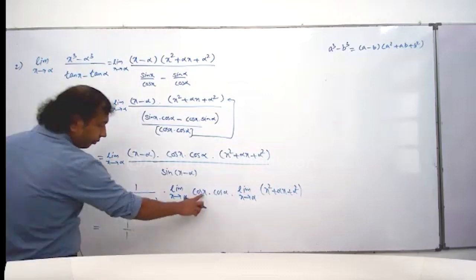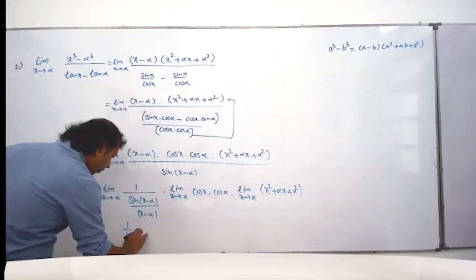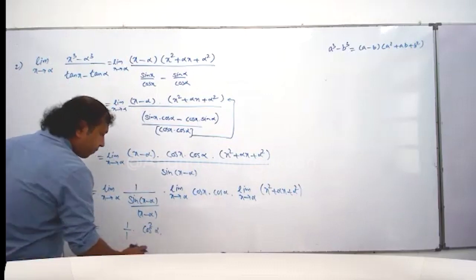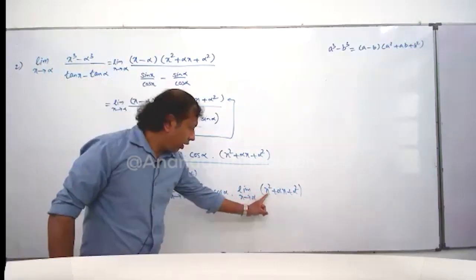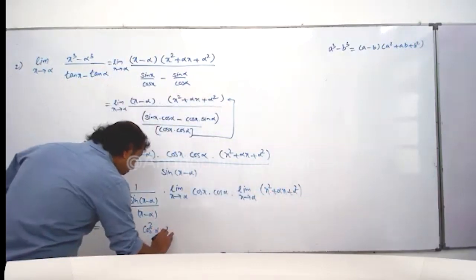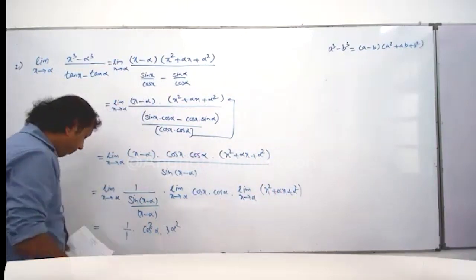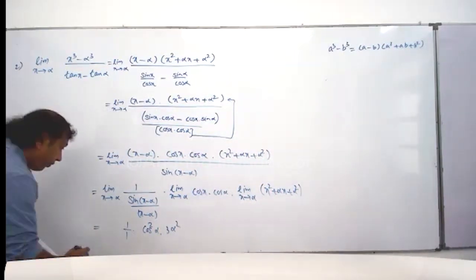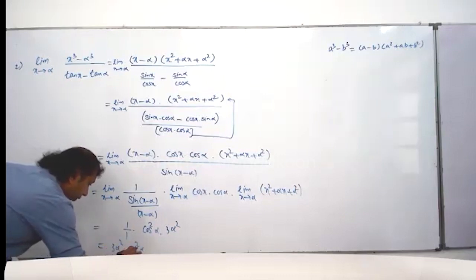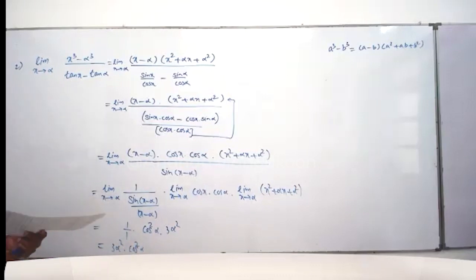Here put alpha: cos alpha times cos alpha, cos squared alpha. Here, alpha squared three times, 3 alpha squared. Then we get the answer: 3 alpha squared by cos squared alpha. This is how we take.